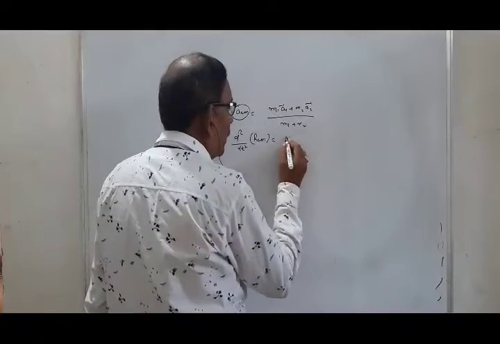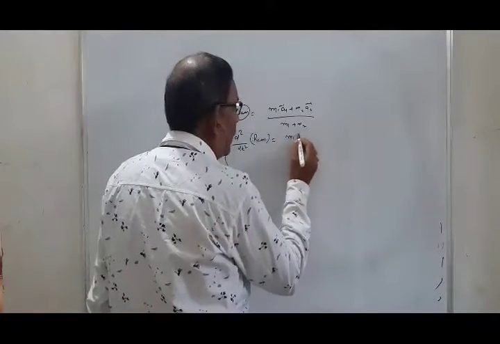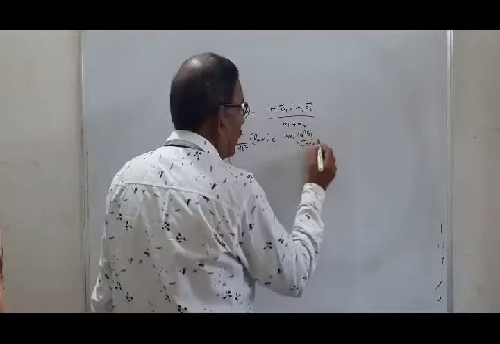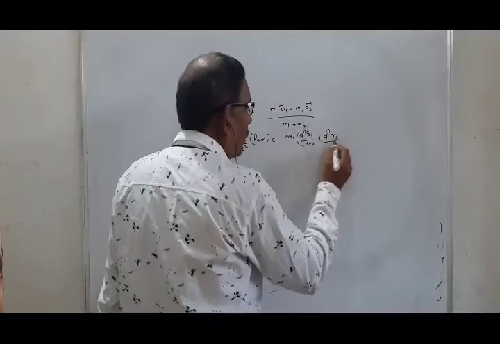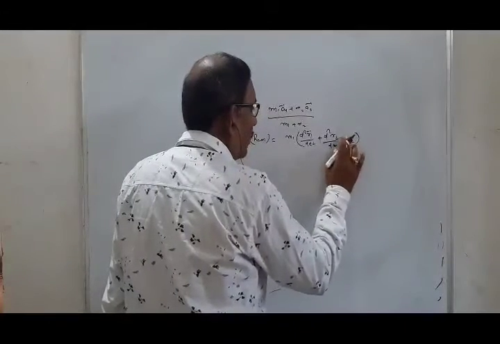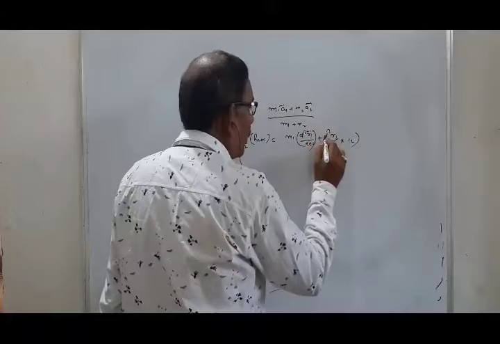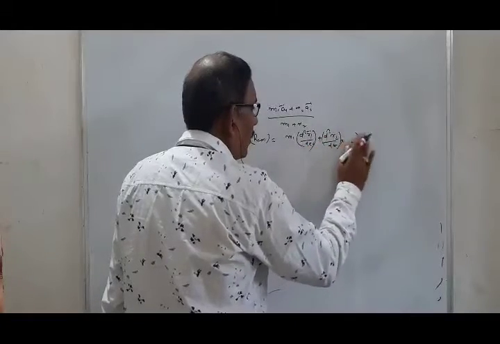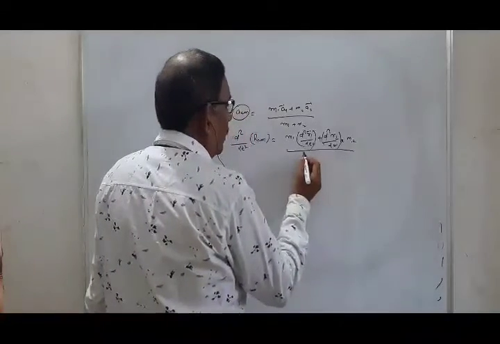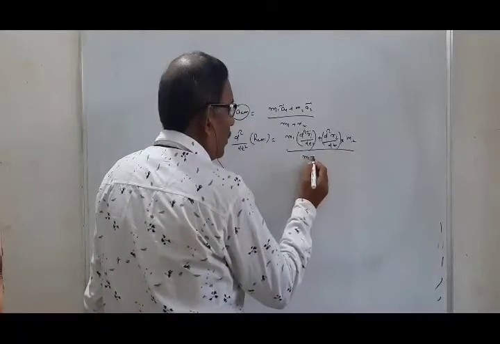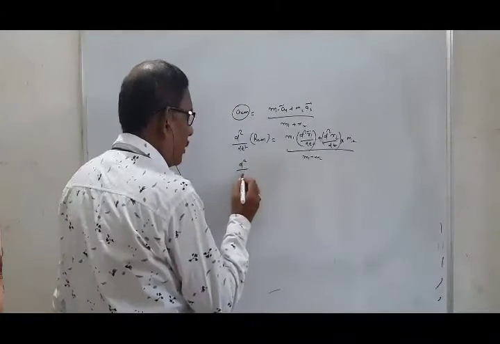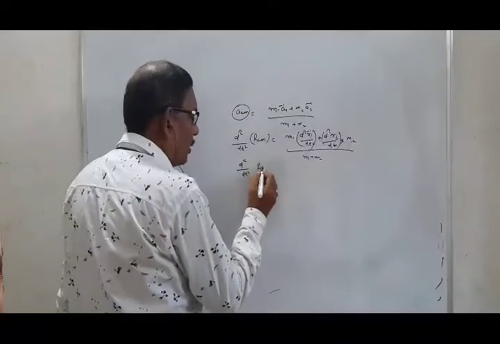Here, taking M1 common, d square R1 by dt square, and d square R2 by dt square into M2. Taking common d square by dt square on both sides.